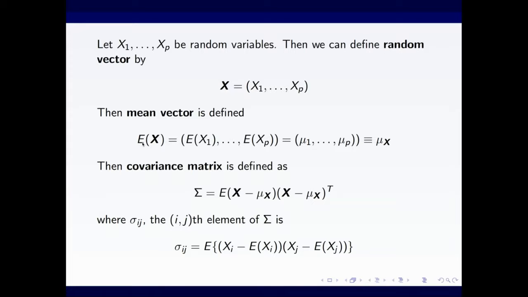Now we define a mean vector, which is we take expectation on this vector x, which is the expectation of x1 through the expectation of xp, which is equal to mu1 through mu_p. So here expectation of xi is equal to mu_i, where i is between 1 and p. I also define this mu1 through mu_p as the vector bold mu_x.